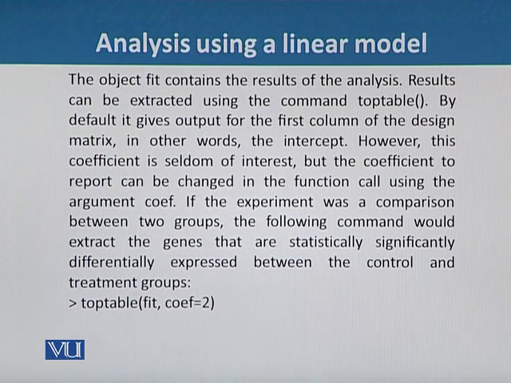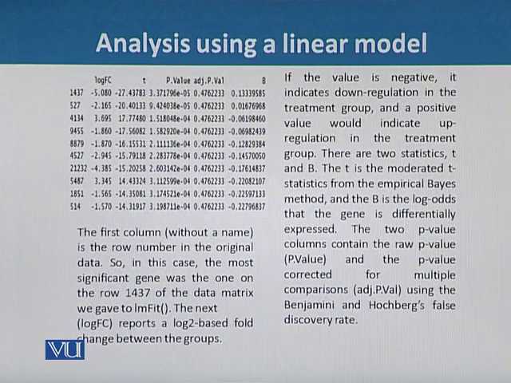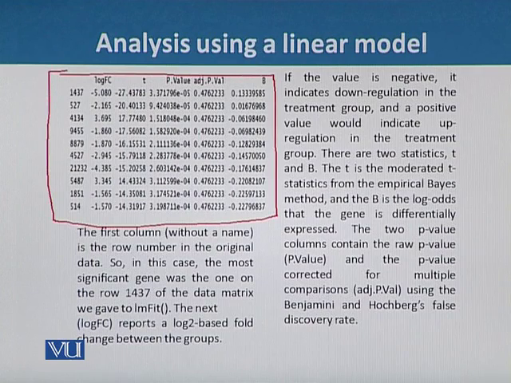If the experiment was a comparison between two groups, it could be control and treated. The following command would extract the genes that are statistically significantly differentially expressed between the control and the treated groups. And again we use the command topTable, and we use the arguments fit and then coef equal to 2. And when we use the command, we will get the data in this form.